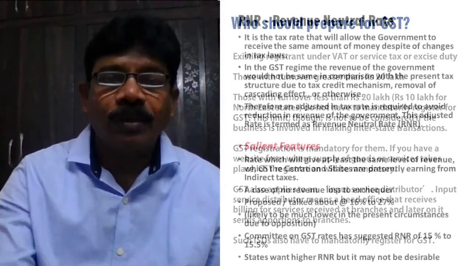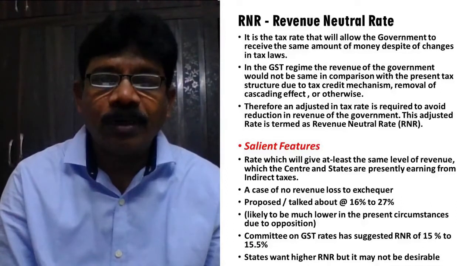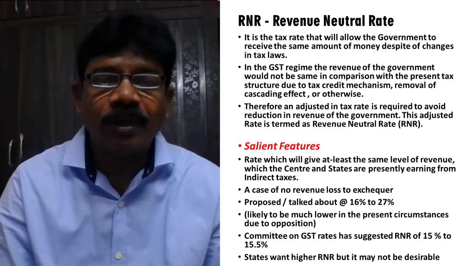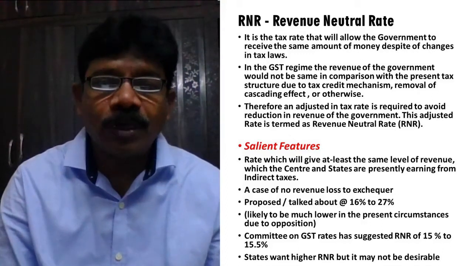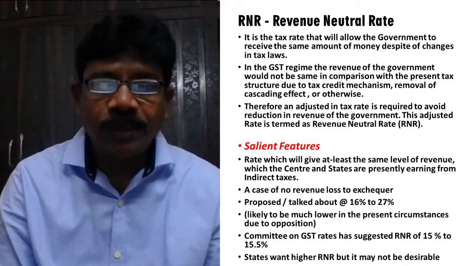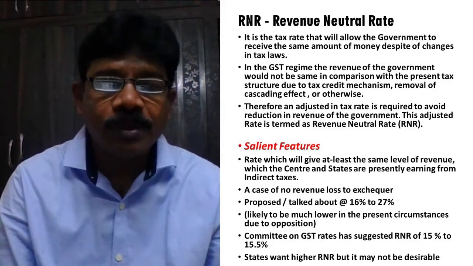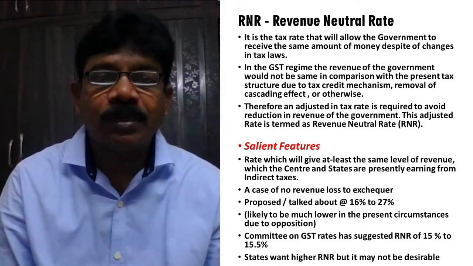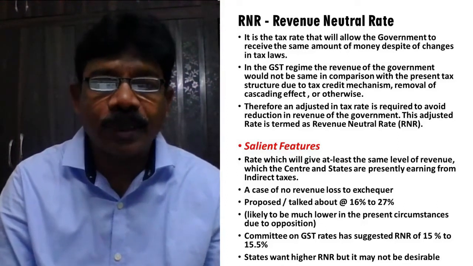Okay, and next, the important concept which we are going to learn in this video lecture is RNR, revenue neutral rate. Suppose the government of Telangana is receiving 1 lakh rupees monthly in the earlier tax system, that is VAT, sales tax, like that.